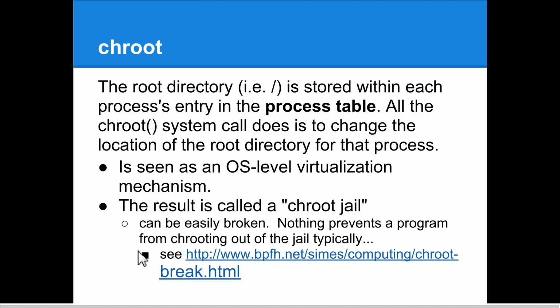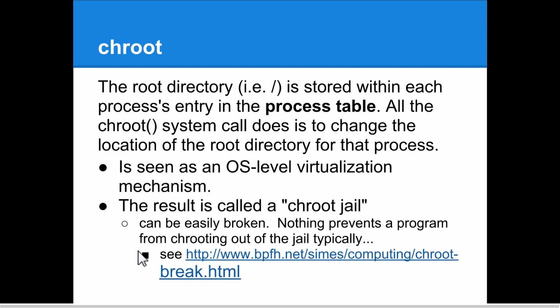chroot is a way to confine a process to a top directory other than the file system's root. However, this can be easily broken because it does this by editing the memory of a process. There's a top part of memory where system variables are, and it just edits that.